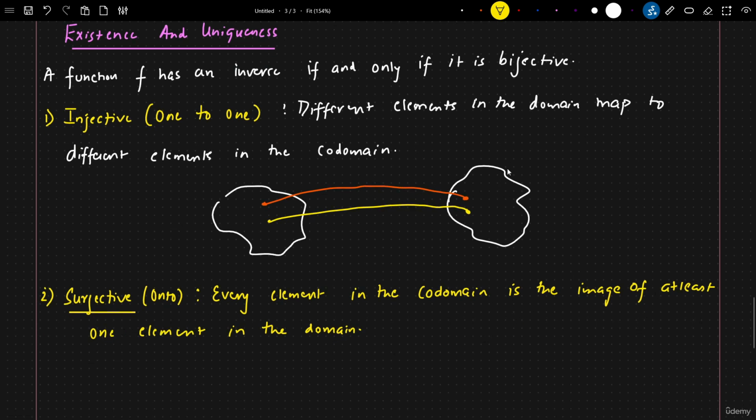Every element in the codomain is the image of at least one element in the domain. So this is what surjective basically is.